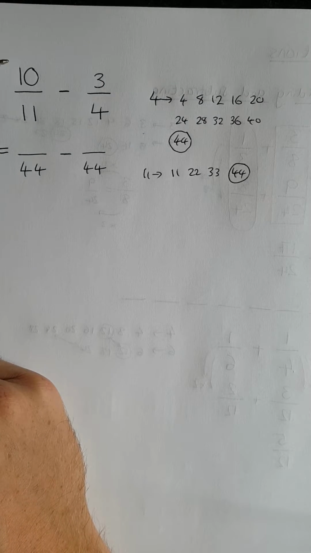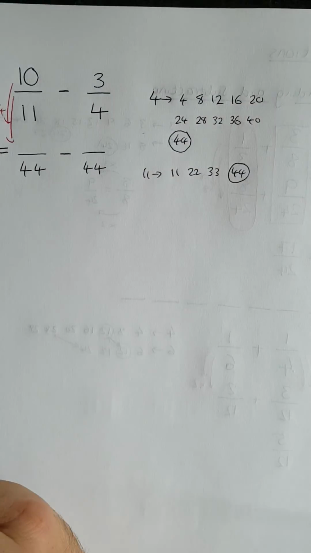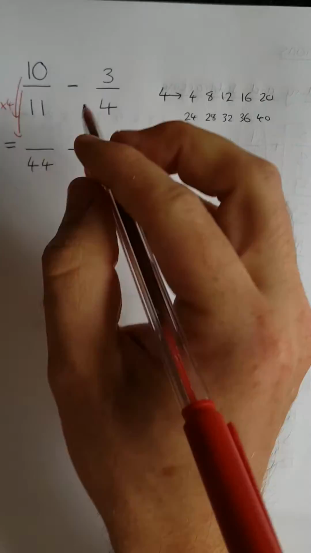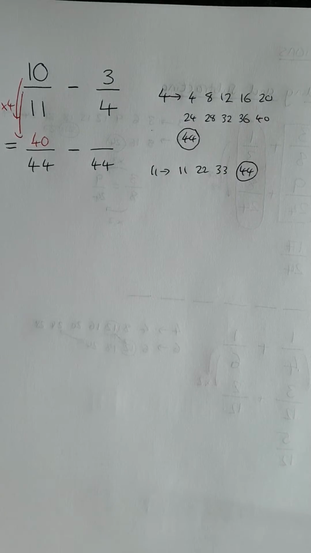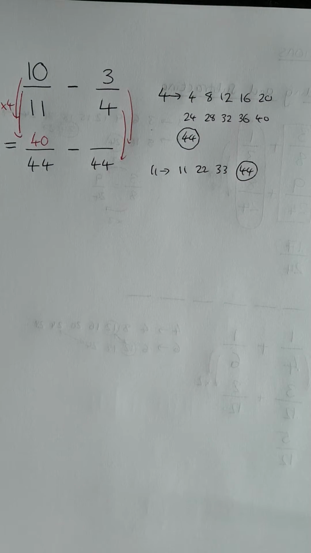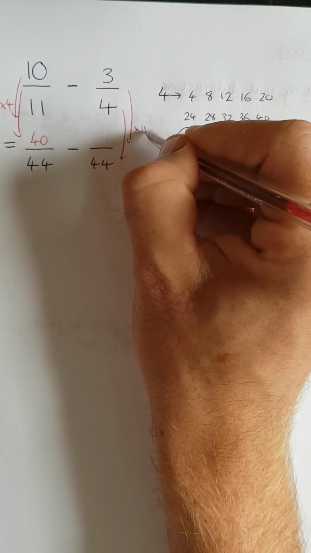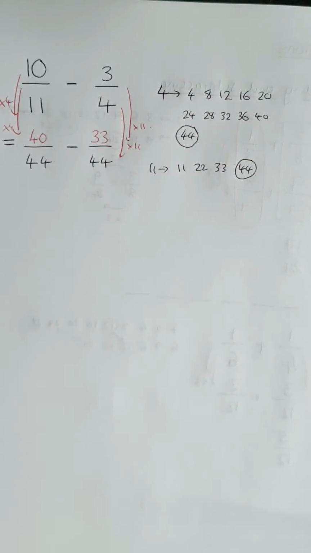So what am I timesing both bits by here? Well, I'm timesing both bits by 4. So that gives me 40. And over here, what am I timesing both bits by? 11. So that gives me 33.